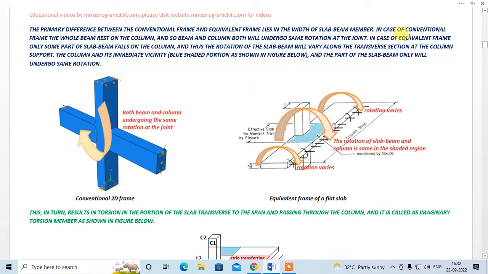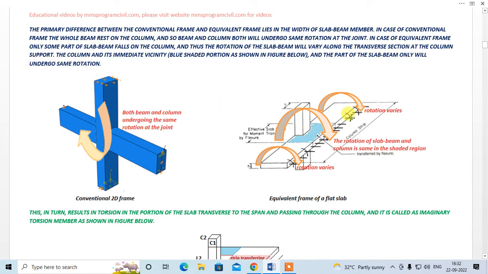In case of equivalent frame, only some part of the slab beam falls on the column, and thus the rotation of the slab beam will vary along the transverse section at the column support, okay. The column and its immediate vicinity, blue shaded portion, is shown in the figure below, and only that part of the slab beam will undergo the same rotation, right?